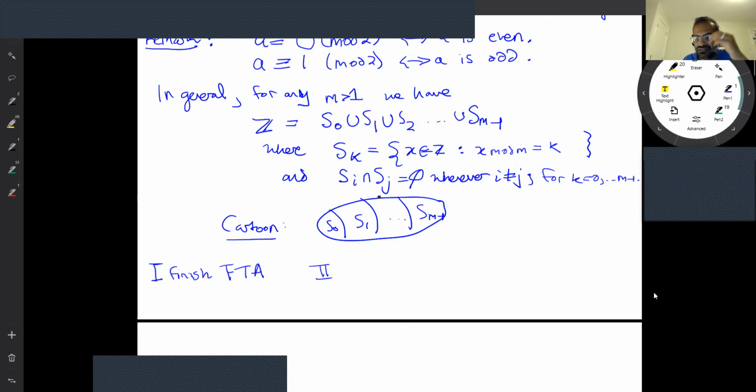So far we've talked about addition and multiplication, but what about division, right? So division, that means inverses, the inverse of multiplication, modulo m.